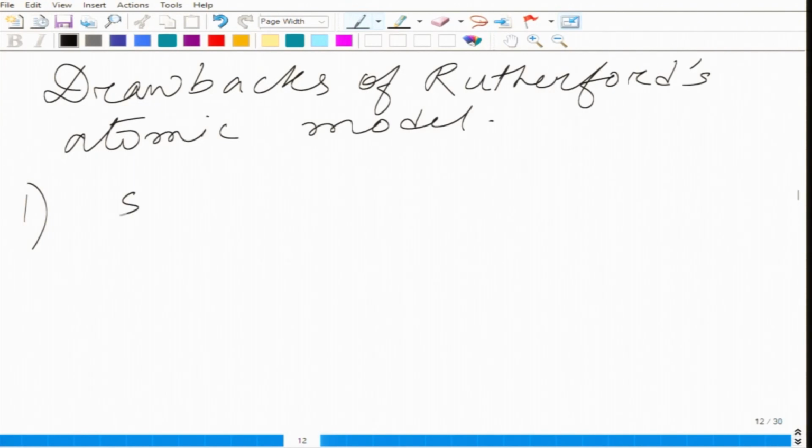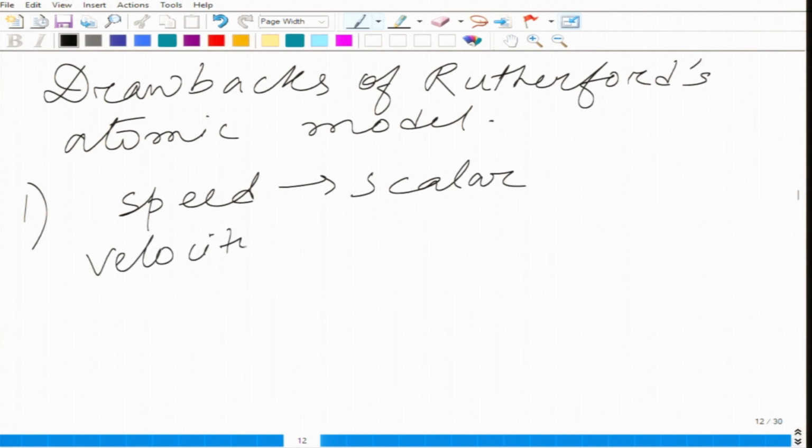When they move around the nucleus, they will emit radiation because they will have acceleration. How acceleration? Even if the electrons have constant speed, when they are moving in circular orbits, their direction is changing. Speed is a scalar quantity and velocity is a vector quantity.